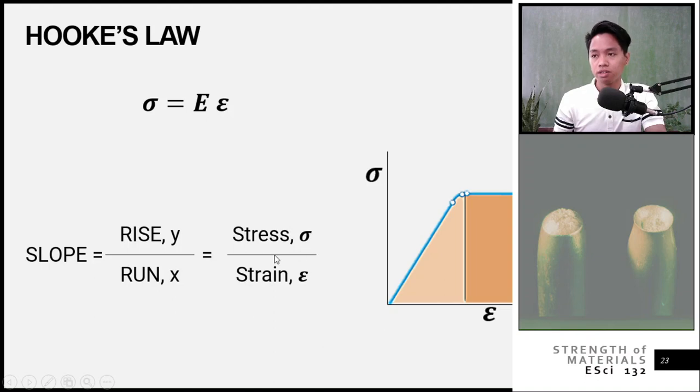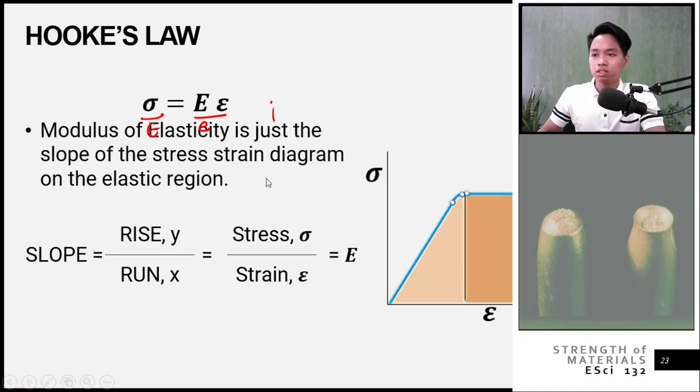So it is stress over strain, I just manipulate the equation and divide by the strain. Therefore, our E is simply the slope of the stress-strain diagram in the elastic region.